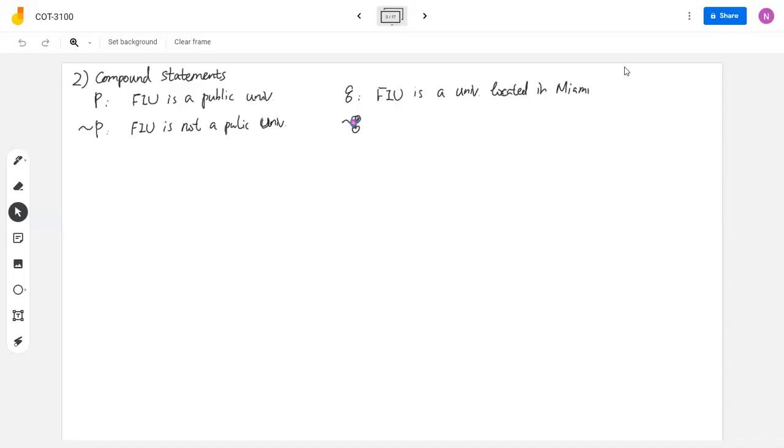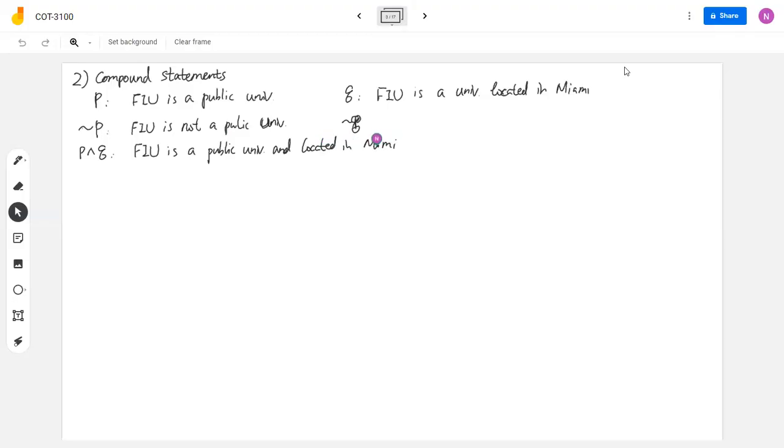Okay, so what does P and Q mean? What is the proposition P and Q? That means FIU is a public university and FIU is a university located in Miami. We can write this more compactly as FIU is a public university and located in Miami.